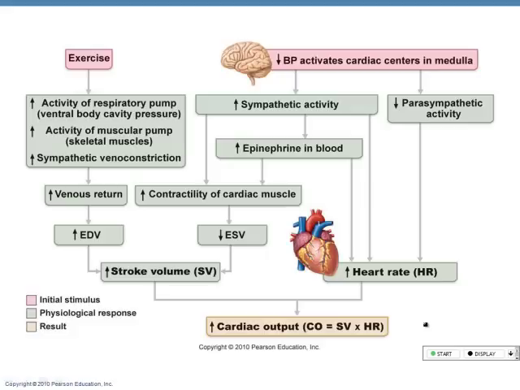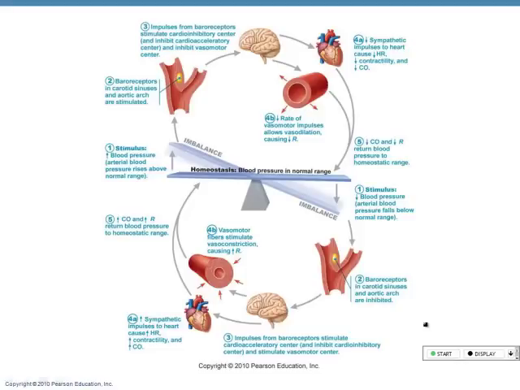So sympathetic activity is going to increase heart rate. Parasympathetic activity is going to decrease heart rate. And again, if I increase heart rate in the calculation, I'm going to increase what? Cardiac output. If I decrease heart rate in the calculation, I'm going to decrease cardiac output. Okay? So everybody understand how blood pressure is maintained.